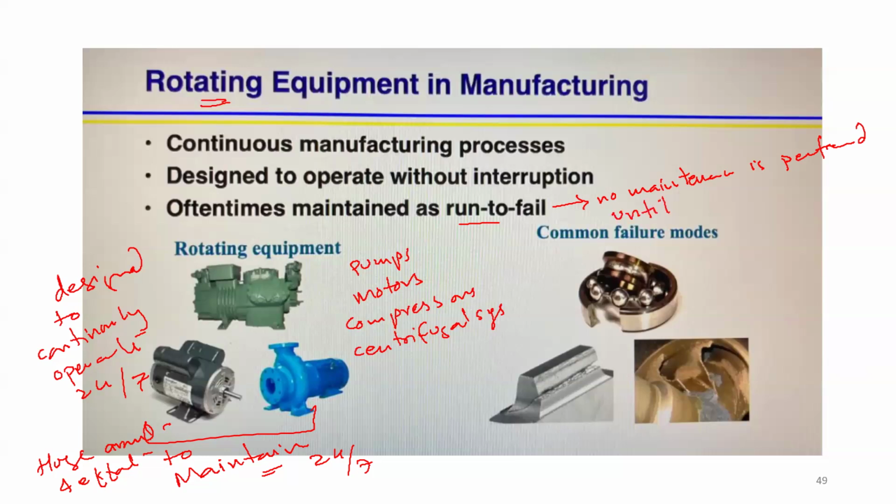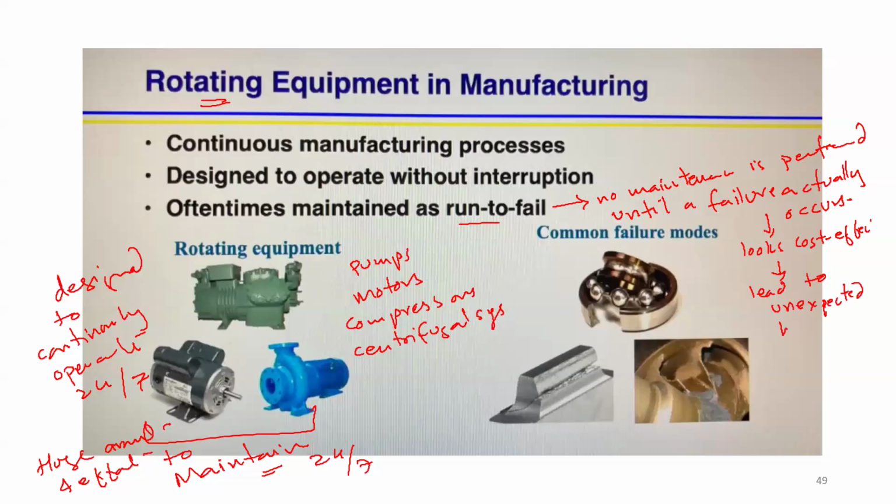This approach looks smart. It looks cost effective initially, but it will lead to unexpected breakdowns, longer downtimes, and even higher cost in the end, a high cost in the long run.